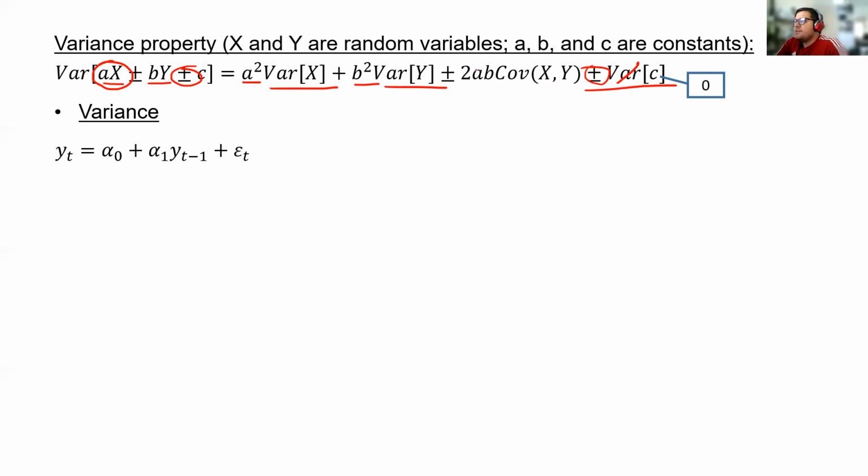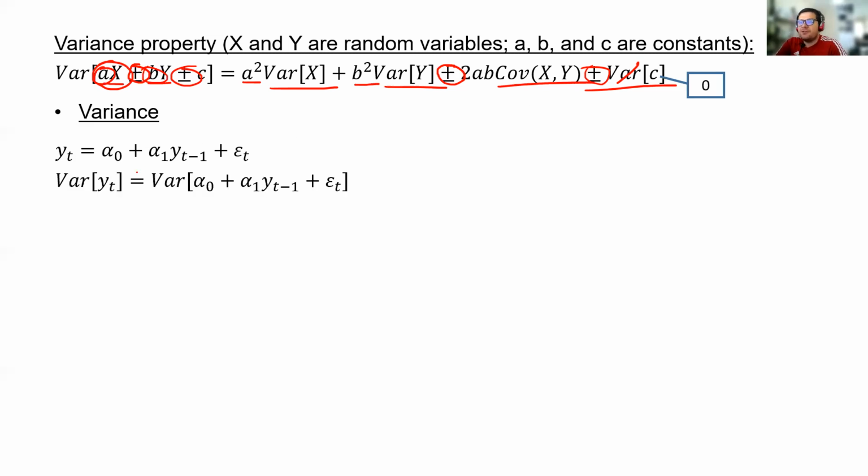And then you mix both of them, you relate both of the variables. So you grab this plus or minus here, and that's the one that comes here. So again, if this were a negative sign, it would be here. And then you multiply 2 times the coefficients. So 2 times a times b times the covariance between the two variables.